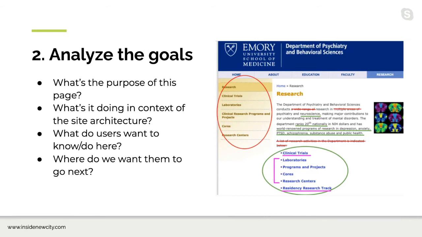They might be thinking of something that we're not ready to give them yet, or vice versa. They might not have something in mind that we want them to do up front. So think about what context they have along their journey, what do they know already, and what do they need to know before they're ready to do the thing that we want them to do, and where should that be? It's important in this step to think about what a page's content should be doing, what that content should ideally be, not just what's written on the page now.